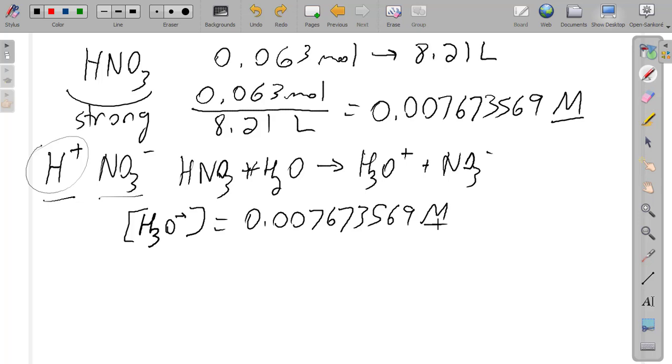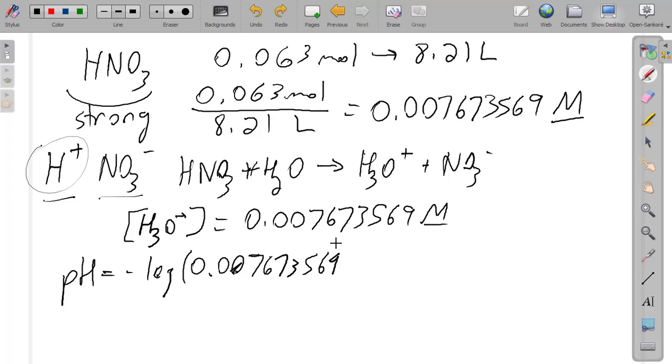Well, since we now know the hydronium, we can directly get the pH by taking the negative log of 0.007673569, and that's going to give us a raw answer of 2.11526077. So as long as you got something close to that, that's all good, right?